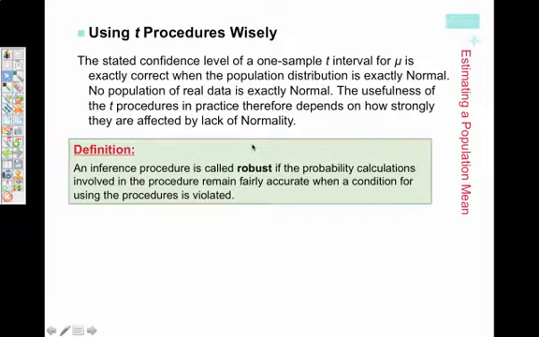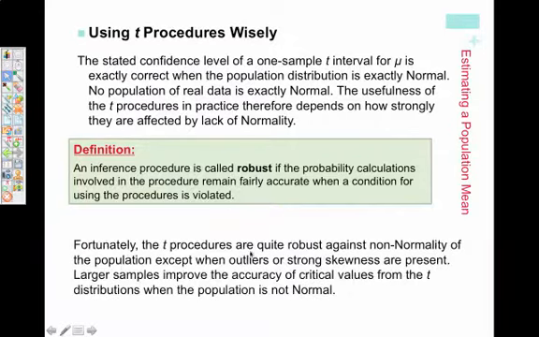This inference procedure is called a robust inference procedure if our calculations remain accurate when a condition for using the procedure is violated. For these T procedures, these are quite robust against non-normality of the population, except when we're dealing with outliers or strong skewness.